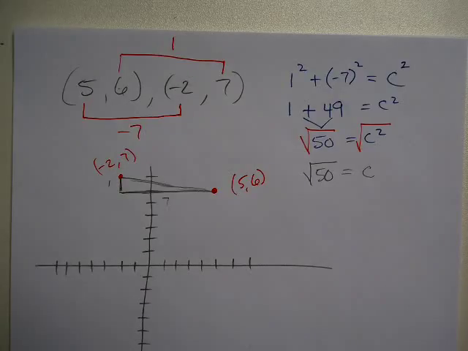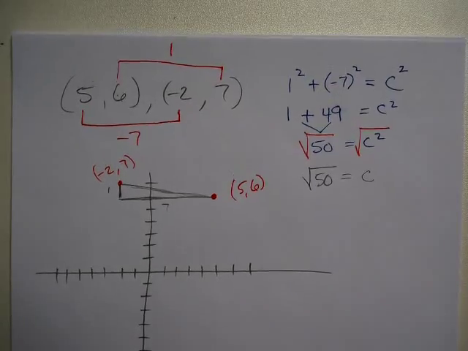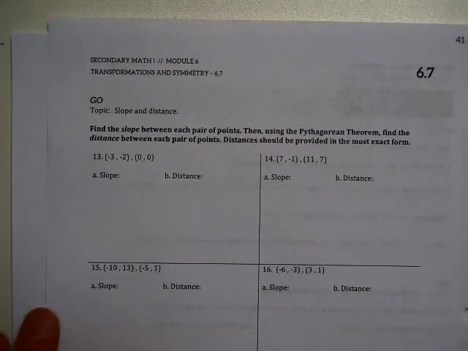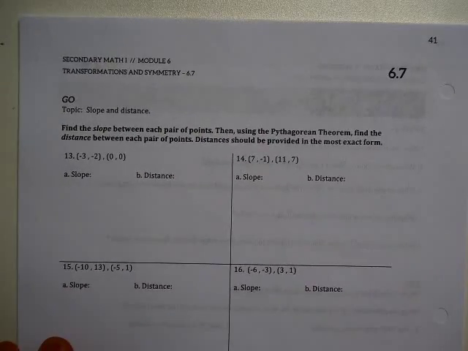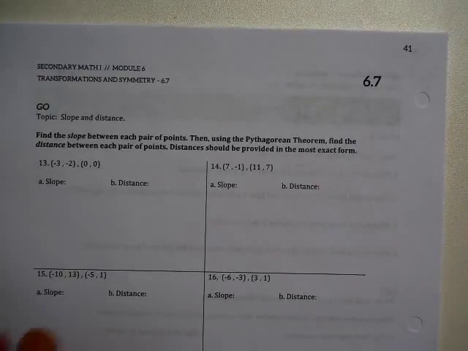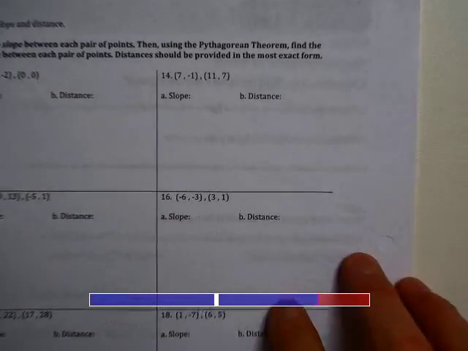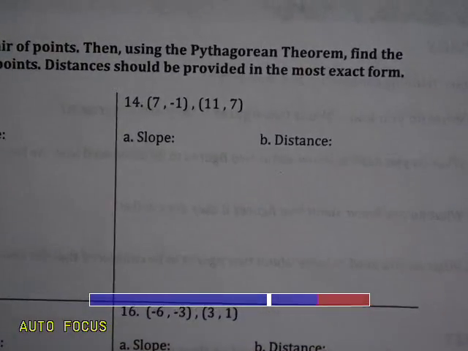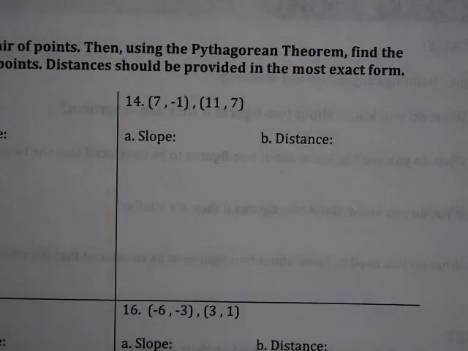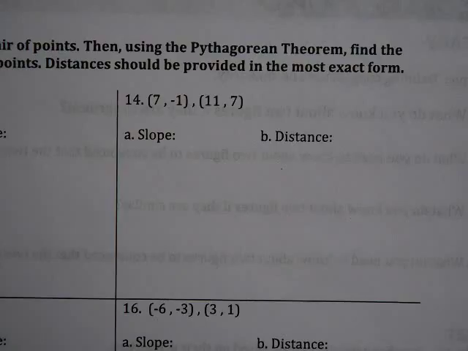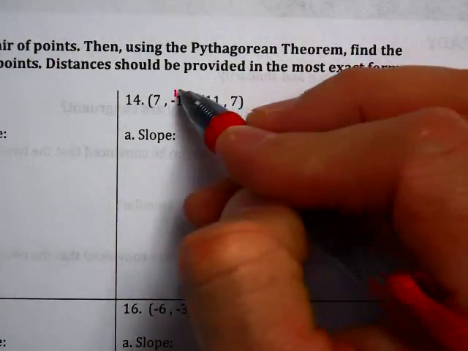Let's look at one on the page and then I'm going to set you guys loose. Let's look at number 14. So this is actually asking for slope. And we have a formula for slope. But I like my method better. Maybe you do as well. I'm going to go from the y's first.